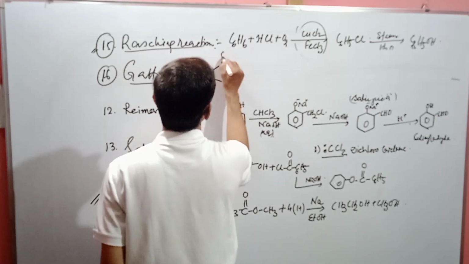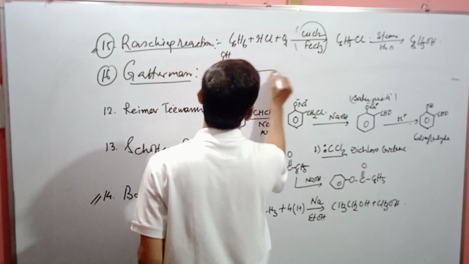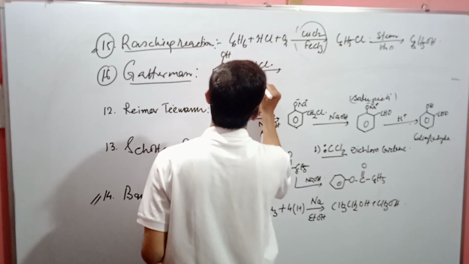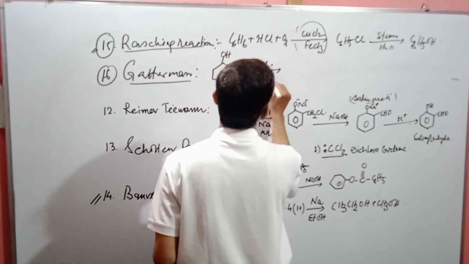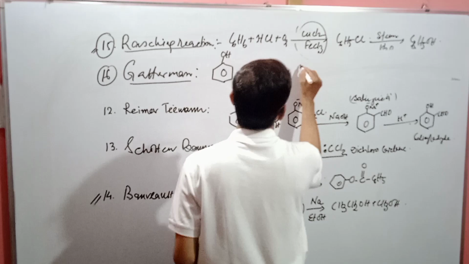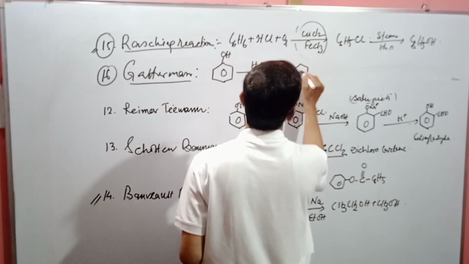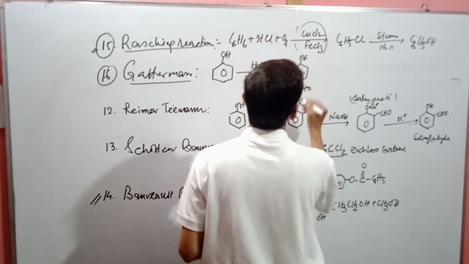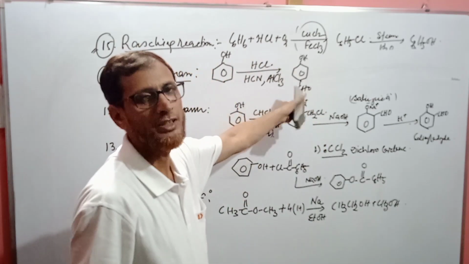Here, phenol reacts with HCl, HCl, aluminium chloride. You will find para-hydroxybenzaldehyde.